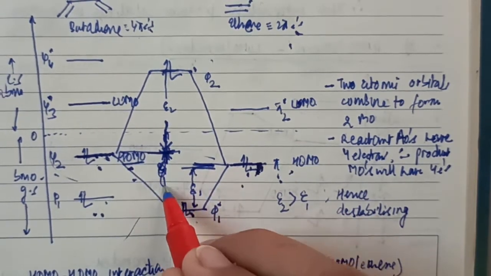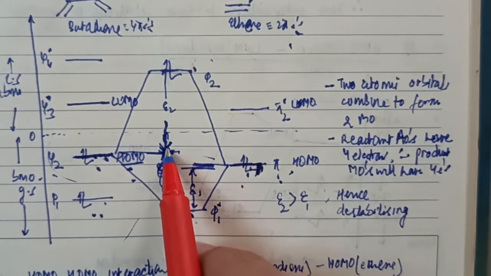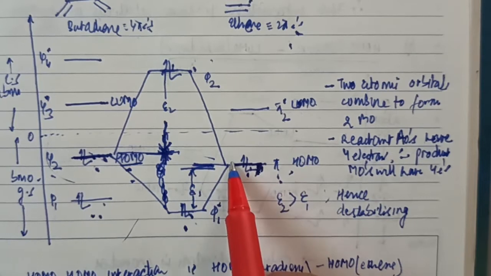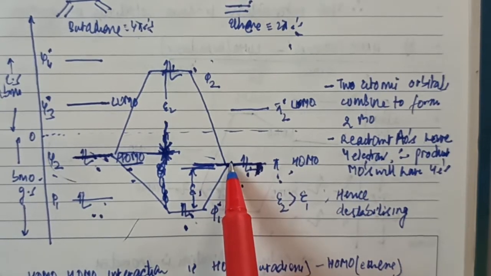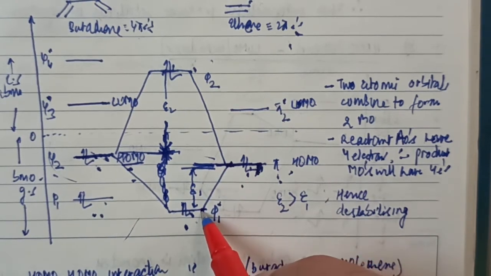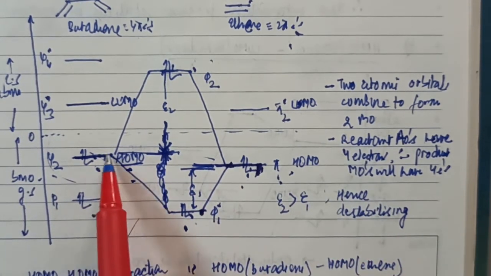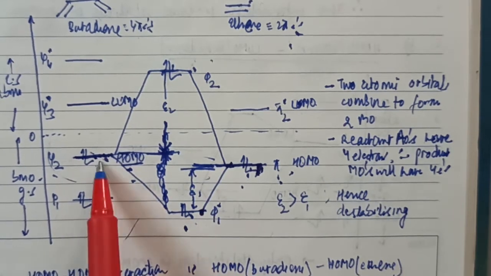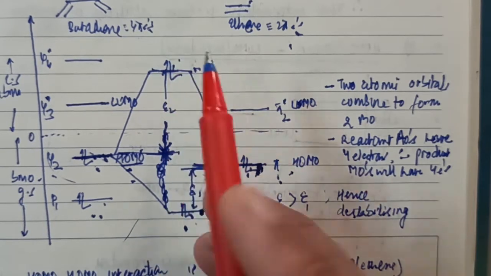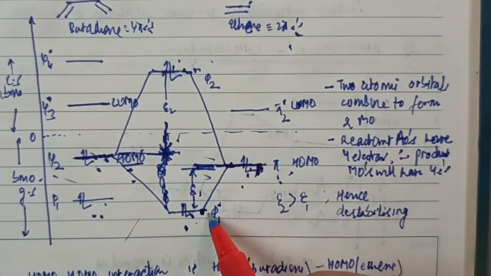This is the amount of destabilization these electrons have gone through. Earlier, the lower lying of the 2 orbitals was at this level of energy; now it has gone down, so E1 is the extent of stabilization. Earlier the electrons were in the higher of the 2 orbitals; now they have gone higher still. That is the extent of destabilization, and this is the extent of stabilization.